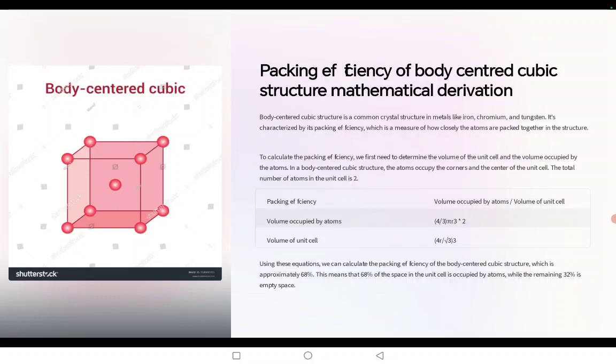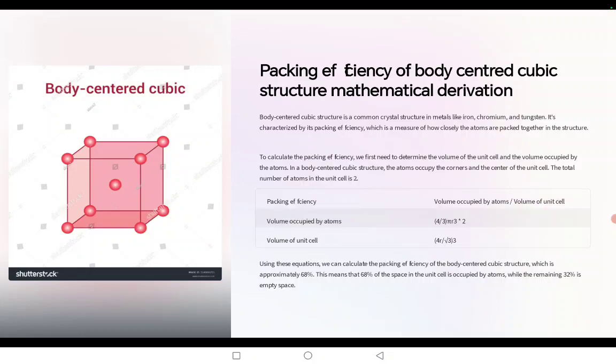Packing efficiency of body-centered cubic cells. So these are the formulas. The body-centered cubic structure is a common crystal structure in metals like iron, chromium, and tungsten. It's characterized by its packing efficiency, which is a measure of how closely the atoms are packed together in a structure.